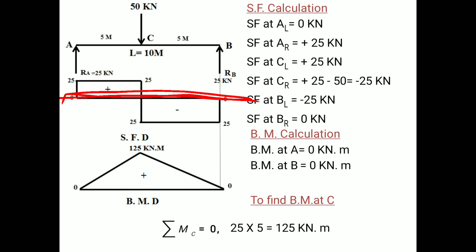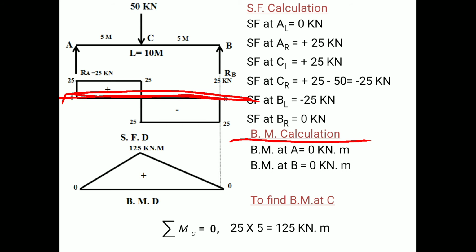Now next step is bending moment calculation. Remember that the first step is to calculate the reactions, the second step is to calculate the shear force values, and the third step is bending moment calculation. While calculating the bending moment values, the bending moment at an end is always 0.